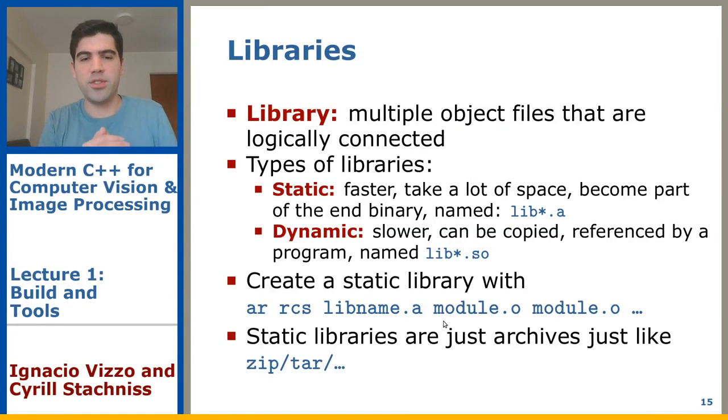A library is basically multiple object files, symbols that are logically connected. And there are 2 types of libraries. Most likely we will only be dealing with static libraries. They are faster, but of course they take more space because they become part of the binary.